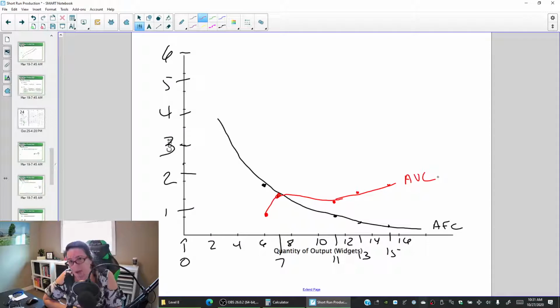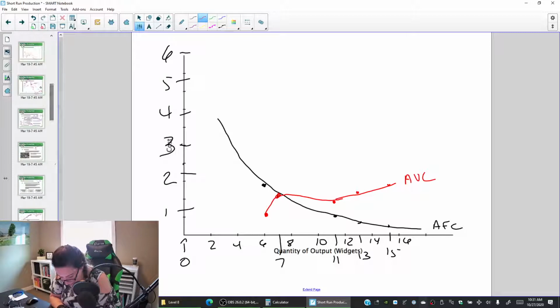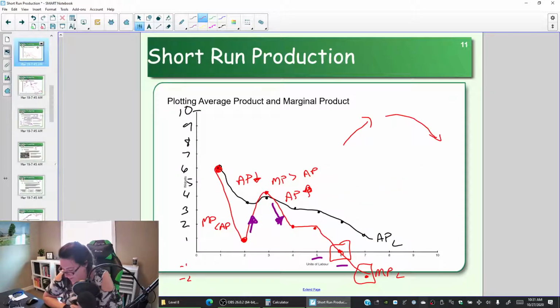Why is ours going up and then down and then up again? Okay, well, the average variable cost is the per unit cost of your workers. And so it really depends on how much your workers are producing. So let's go back to our average product. So our average product, it went down, and then it went up, and then it went down, right? Down, up, down, okay, and then it went down.